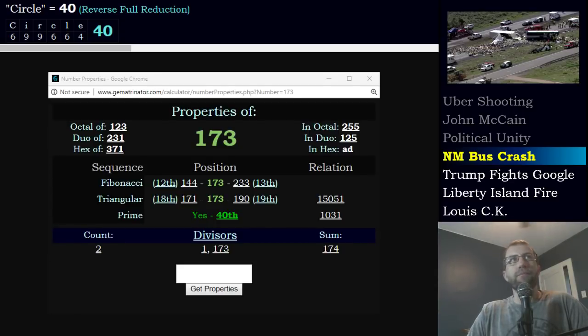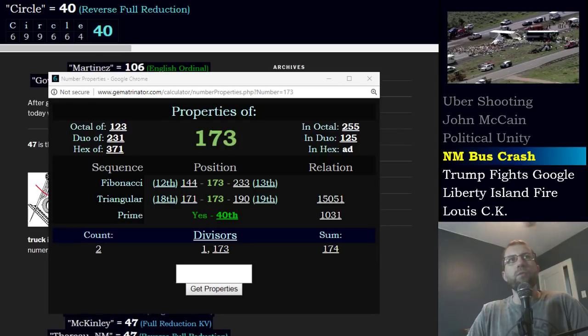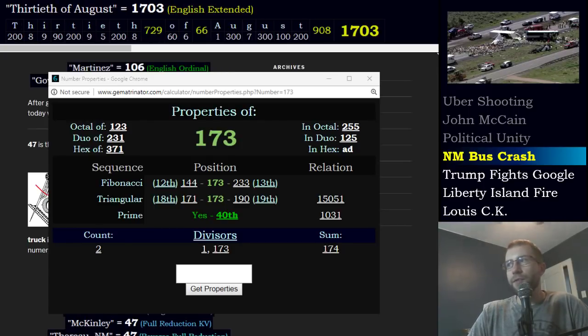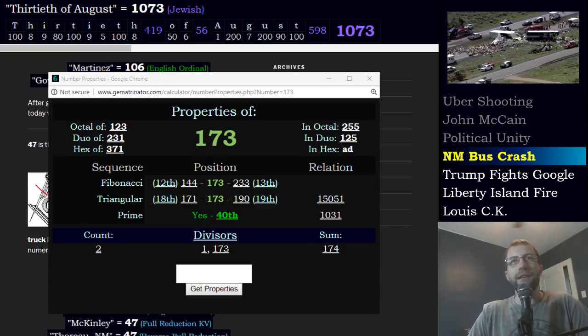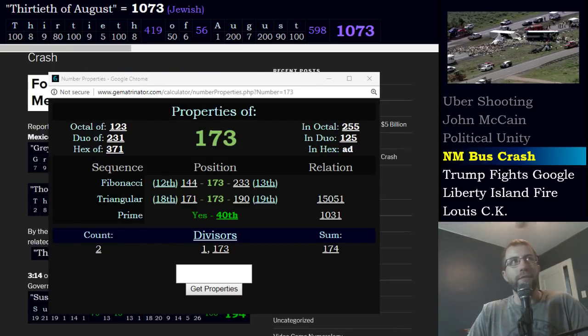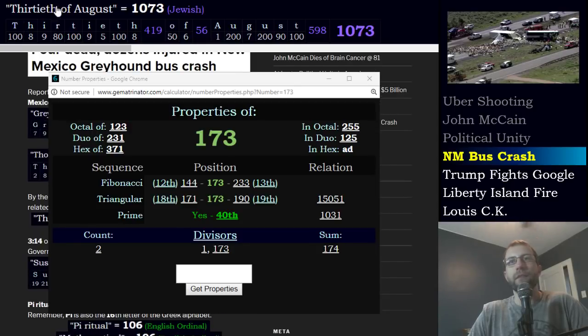Well, the 40th prime number is 173. And look at the gematria of 30th of August. In English gematria, it's 1703. And in Jewish gematria, it's 1073. So you have all these ties to the gematria and numerology of pi and circle.